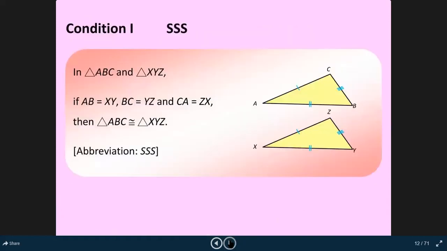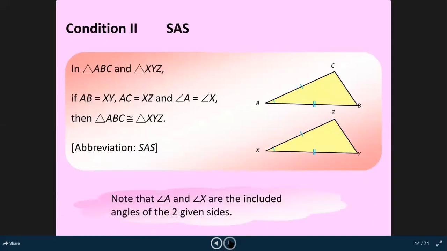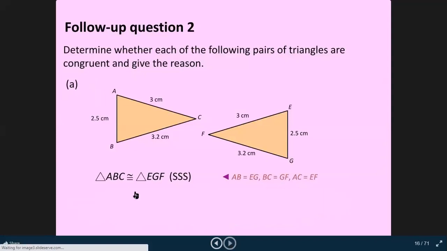The first case we studied together was side, side, side, which means each two corresponding sides are equal in length, so the two triangles are congruent. We also studied side, angle, side: when we have 2 sides and the included angle, the triangles are congruent. Let's answer this question.